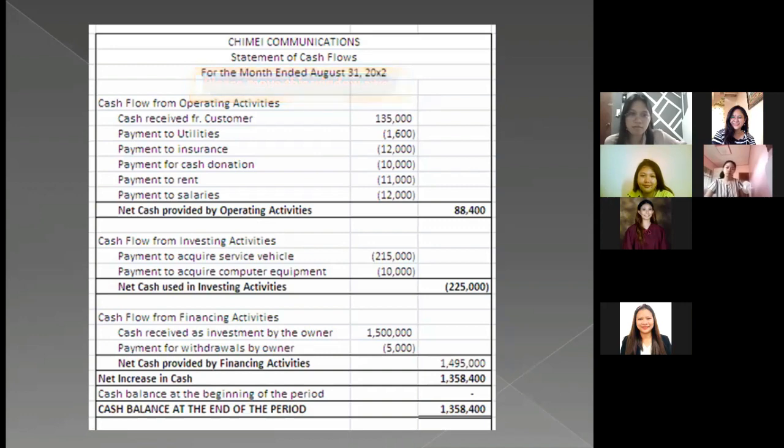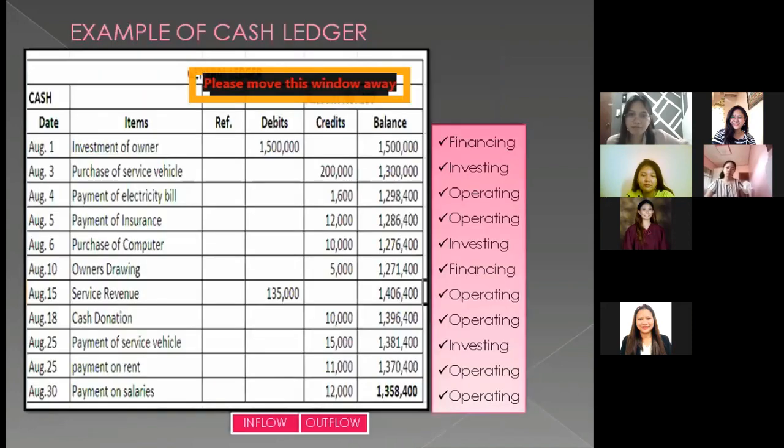Next naman is cash flow from investing activities. May 3 tayong na-classify sa transaction. Ito, investing, yung purchase of vehicle na 200, tapos purchase of computer, tapos yung payment of service vehicle.